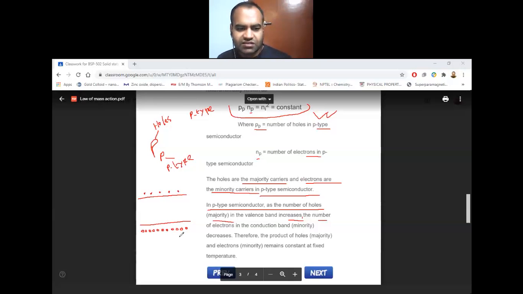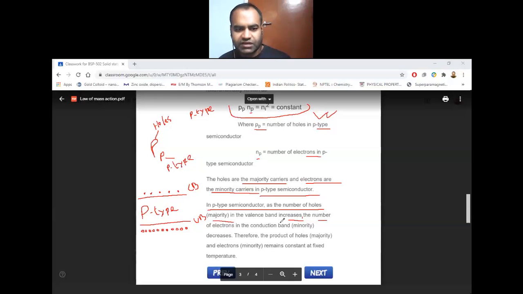You can see these are the holes, more holes in the valence band, and in the conduction band you have fewer electrons. So this is just the opposite of n-type semiconductors.